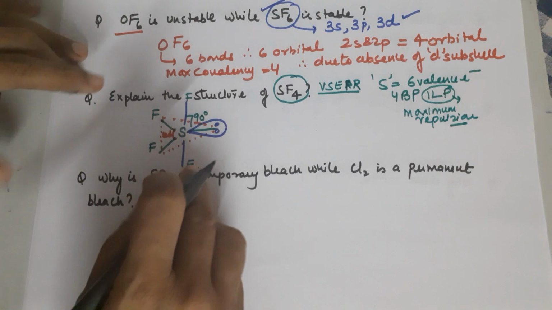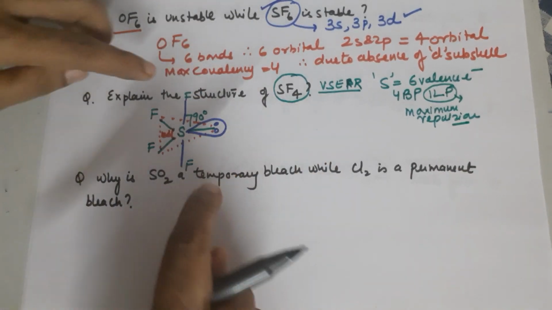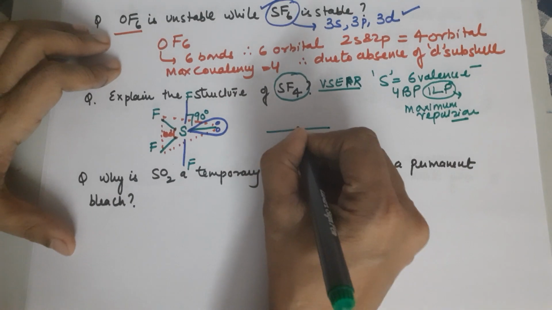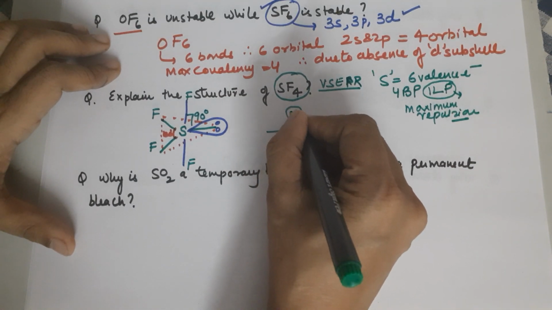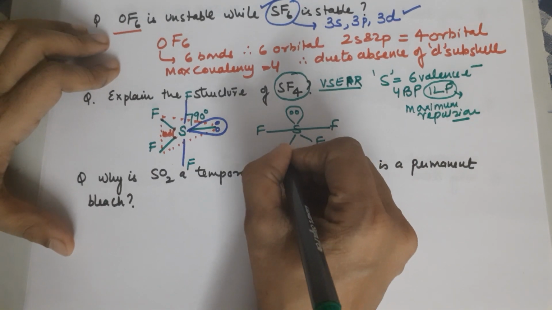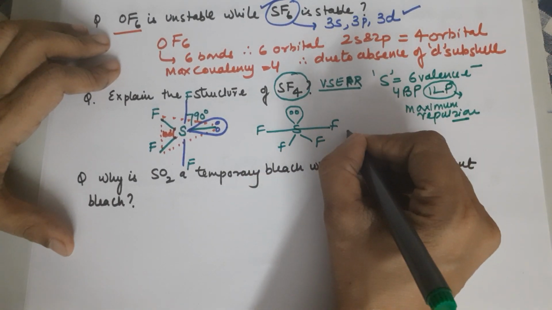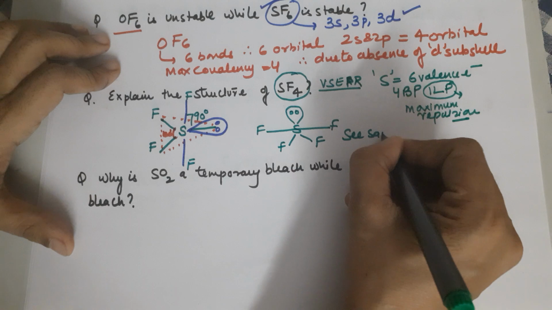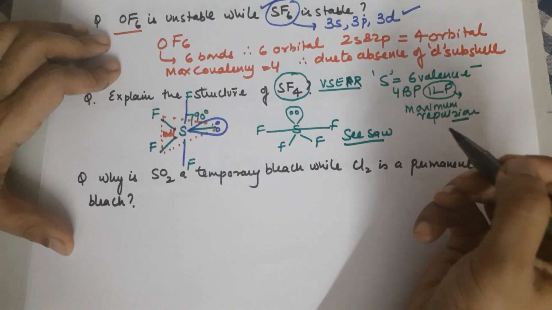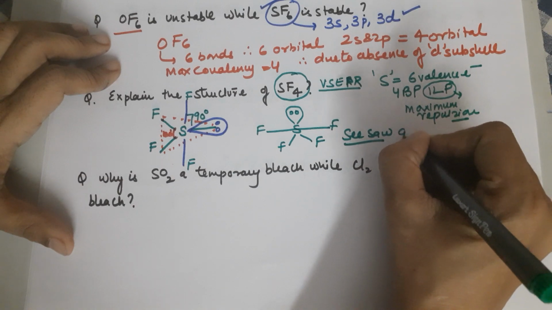Now if I turn this molecule like this, what do I end up with? This molecule would look like this, with 2 fluorines here and 2 fluorines here, which looks like a seesaw. This is the swing that small kids go to the park for. This is the seesaw geometry.